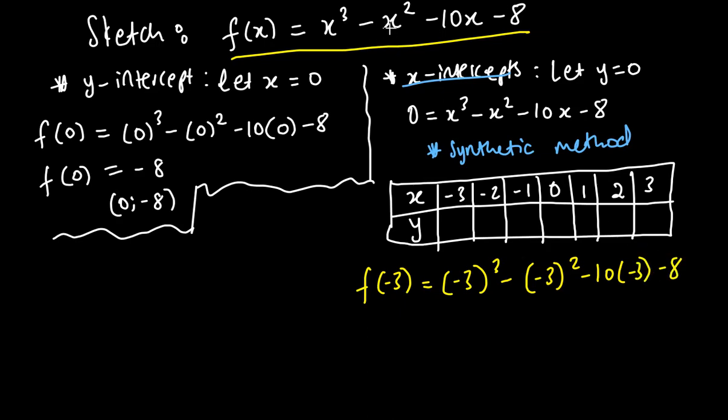I'm just putting -3 wherever I see x. The answer to this would be -14. So I put it here, -14.